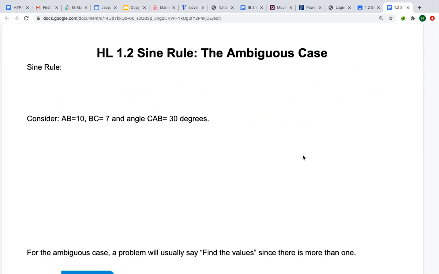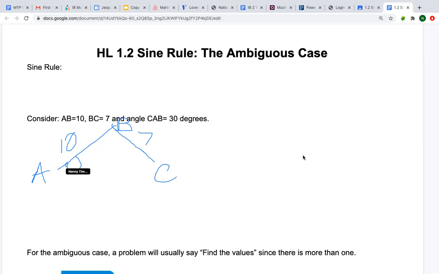So for this example, where AB is 10, so this is side AB, and then BC is 7. So they also tell us that CAB is 30 degrees.